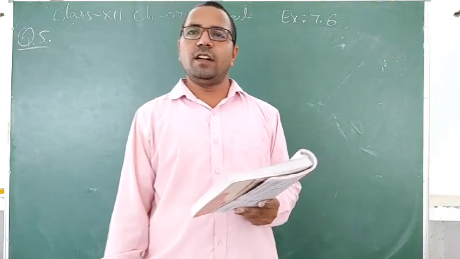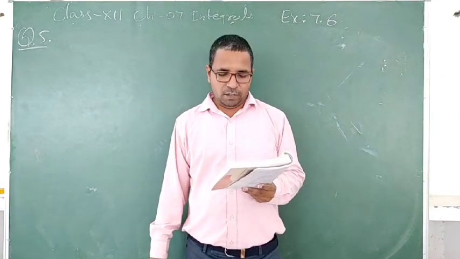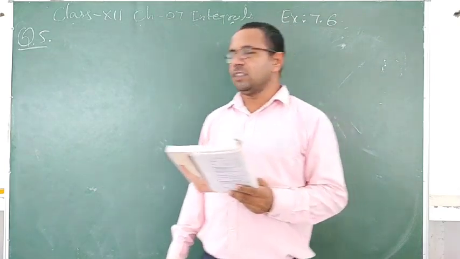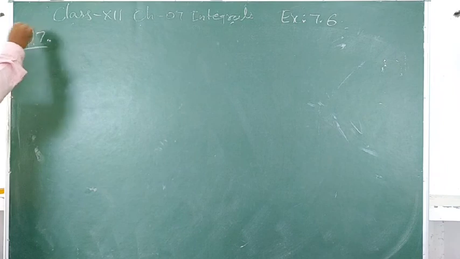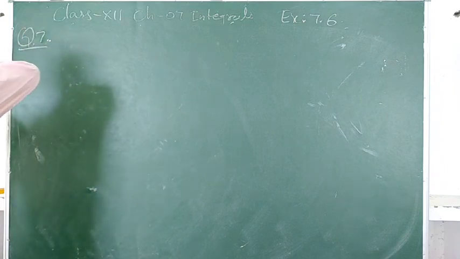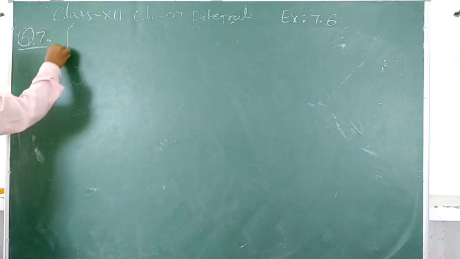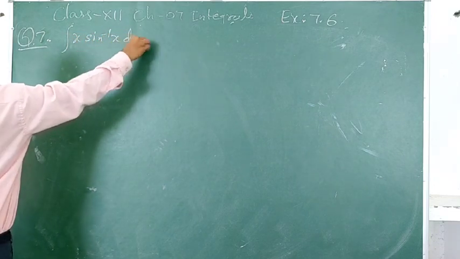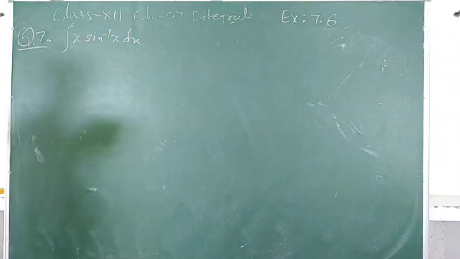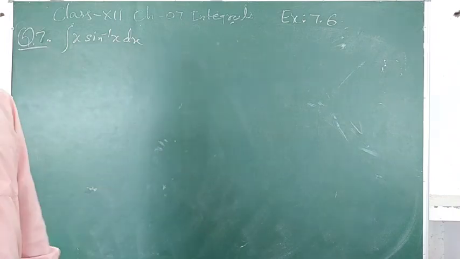I hope you can do it. These two questions are your homework. So now let's see question number 7. Question number 7 is the integral of x sin inverse x dx. This much is the question. So now let's see how we can solve it.